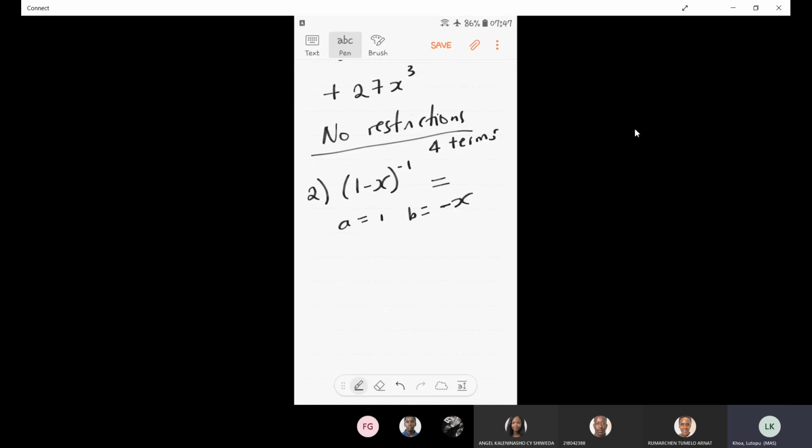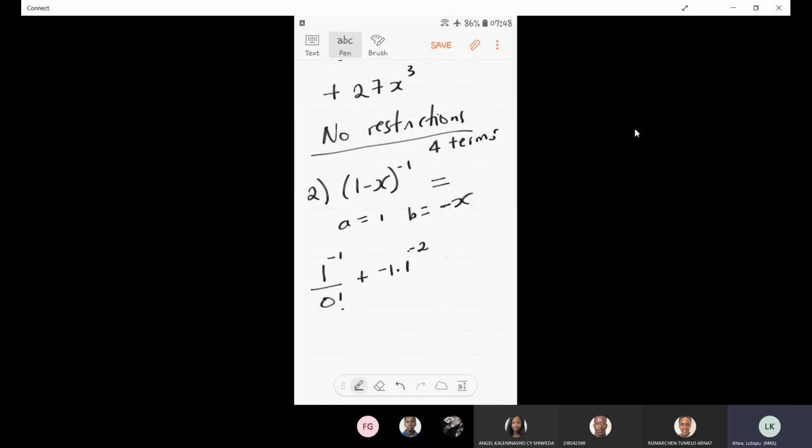So for the first one, A has to be raised to the power of minus 1, and B will be raised to the power of 0, so I don't need to write it. And then I will divide by 0 factorial. And then what will happen is the minus 1 will come down, and then the power of 1 will decrease by 1 to become minus 2.